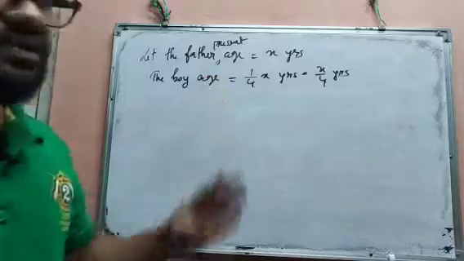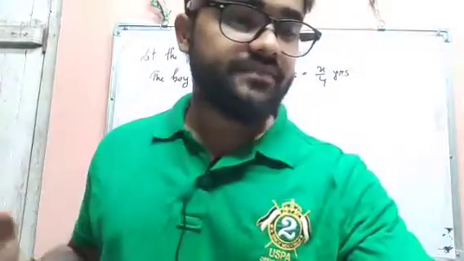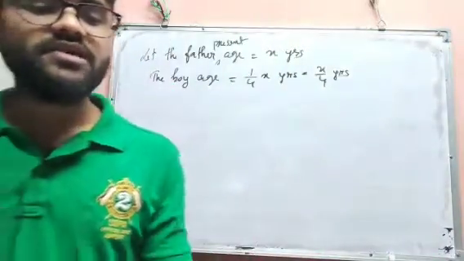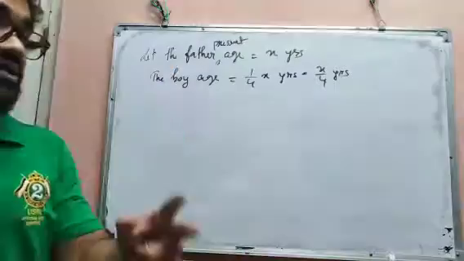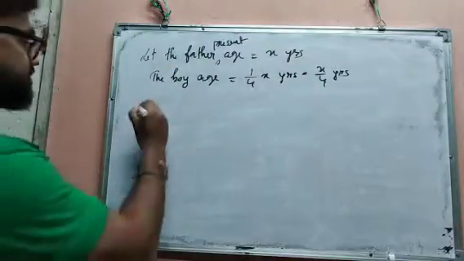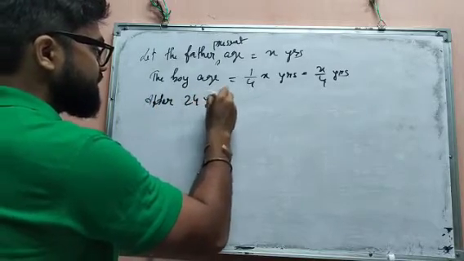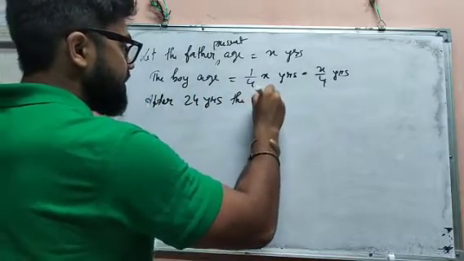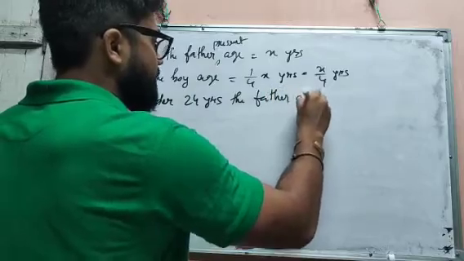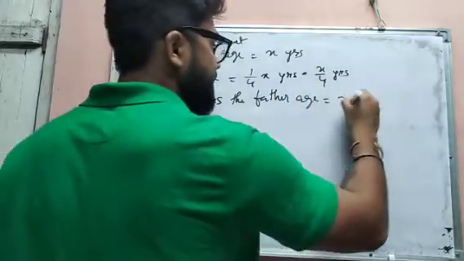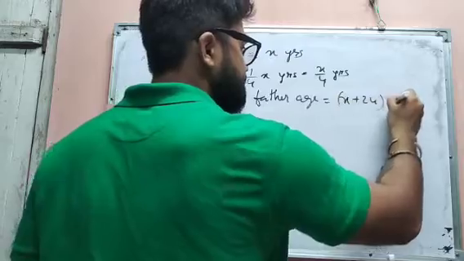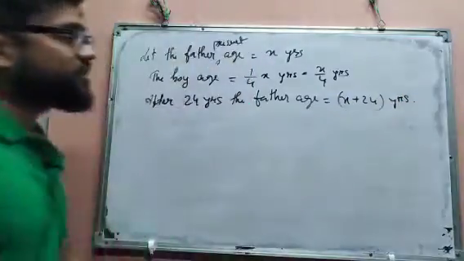So we are asked that after 24 years the boy will be half of the age of his father. Okay, so after 24 years the father's age will be what? After 24 years the father's age equal to x plus 24 years.